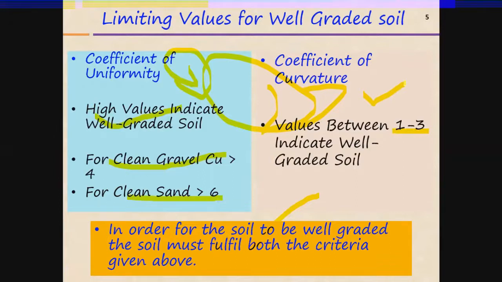Vice versa, if the soil system fulfills the coefficient of curvature criteria but not the coefficient of uniformity criteria, still the soil system will be categorized as poorly graded soil. So in order for the soil system to be categorized as well-graded soil, it must fulfill the coefficient of uniformity criteria and the coefficient of curvature criteria.